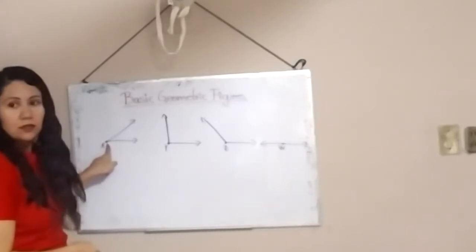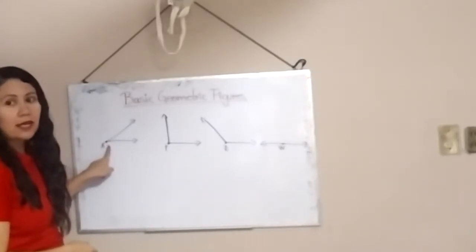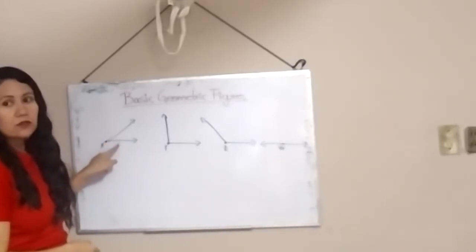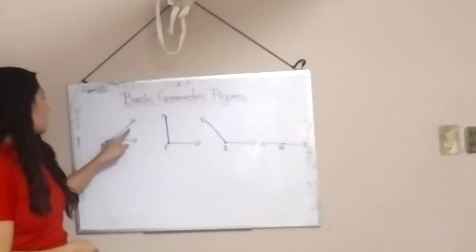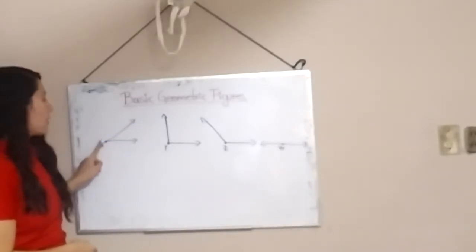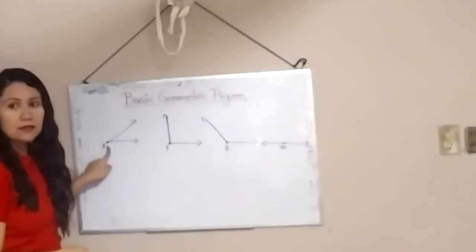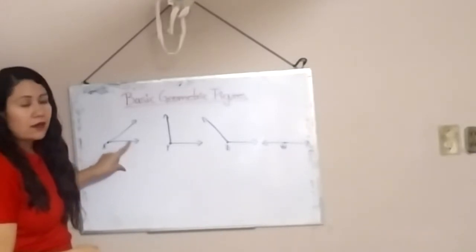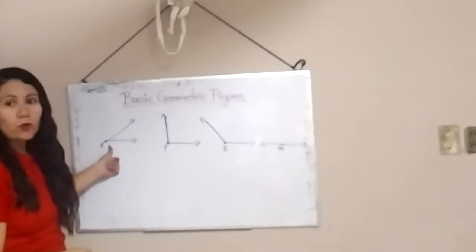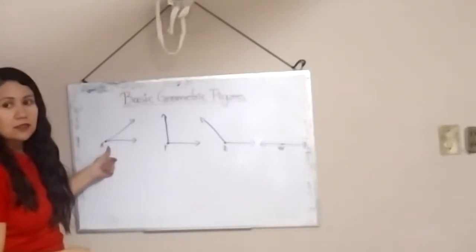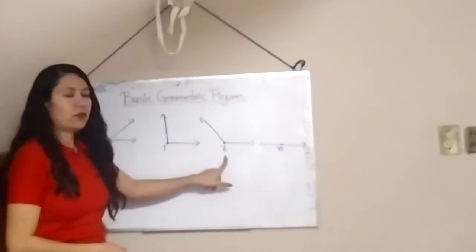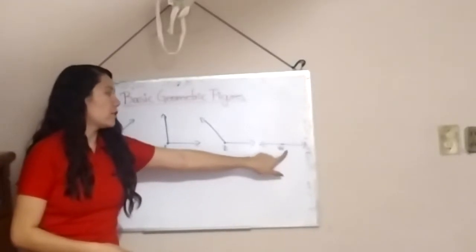This one starts in X and it has no end, and the other one also starts in X and it has no end. So these are 2 rays that have a common endpoint in X. The 2 rays are called sides, and the common endpoint is called the vertex. Vertex X, vertex Y, vertex Z, and vertex W.